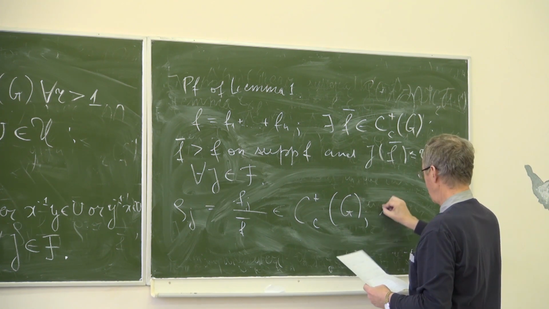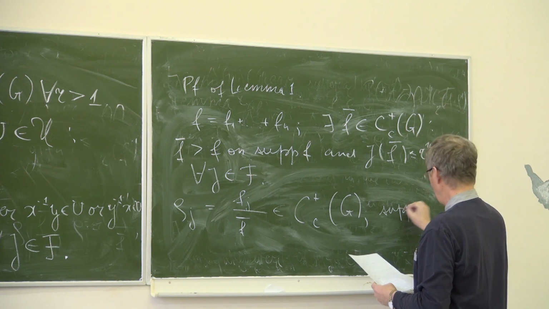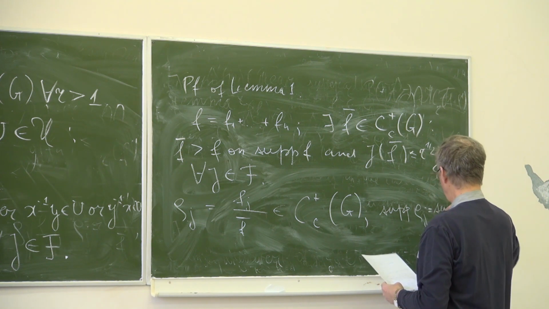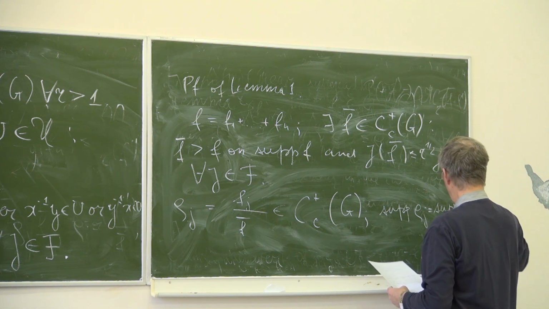And moreover, the support of rho j is equal to the support of fj.